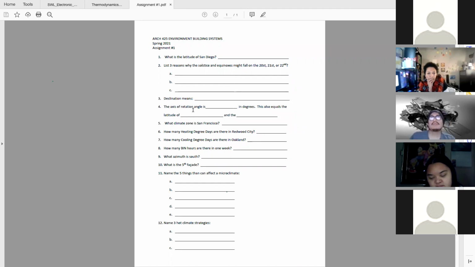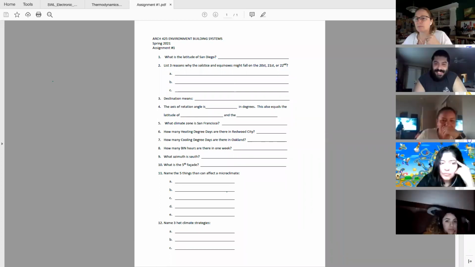What latitude is at 23.5 degrees? Remember, we have the equator in the middle, that's at 0, and you go up and you go down, and there are 2 main lines around the Earth at that angle.